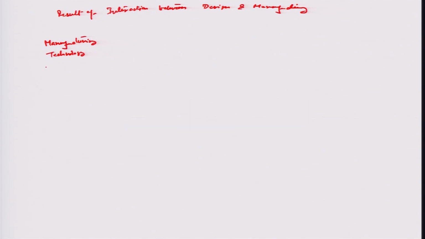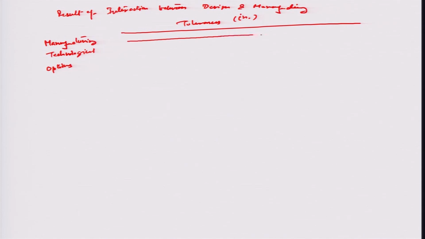So, for the manufacturing technological options, we have tolerances in inches, okay, of two different kinds. For example, in this kind you have the first set of tolerance, which is 1 plus minus 0.003, and the second set of tolerance, which is 1 plus minus 0.004, which was framed on the advice of the marketing.